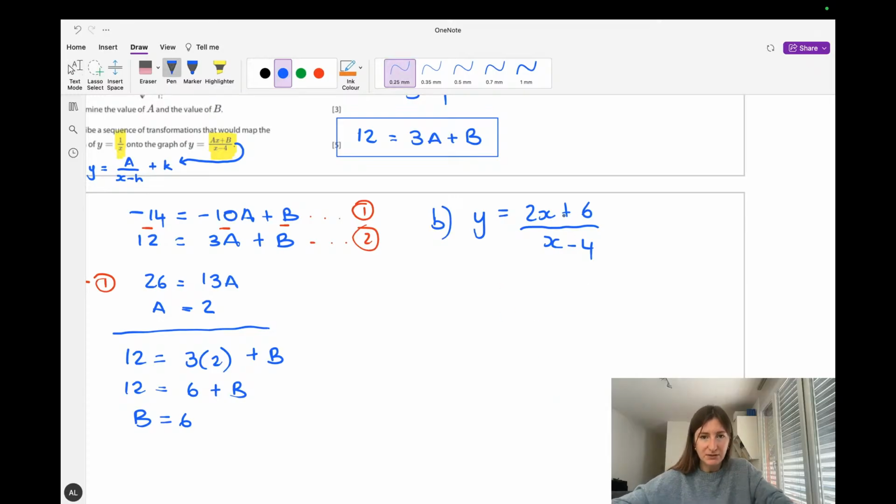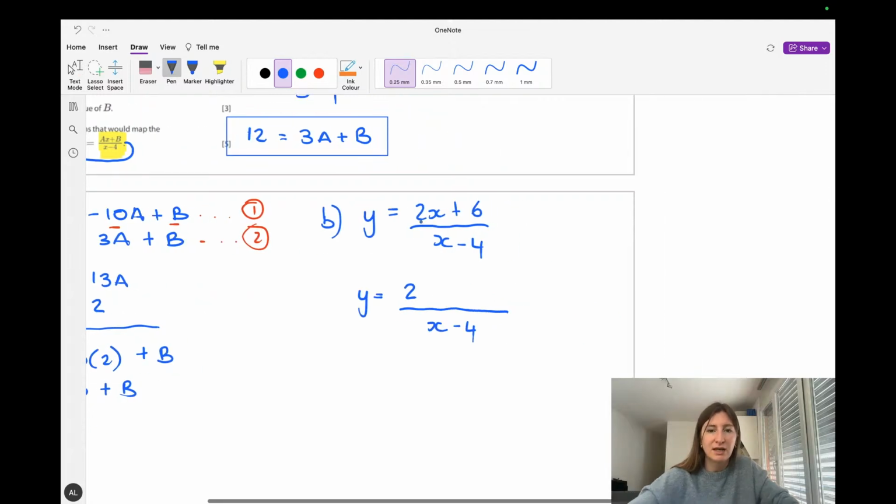Right, so from this form, we want to get it into this form. So do you remember how we had to split it? We're going to need to do a factor of x minus 4. So I'm going to take factor 2 out and then write in my denominator x minus 4 because I need to have that. All right, so now if I multiply this out, I get 2x minus 8.